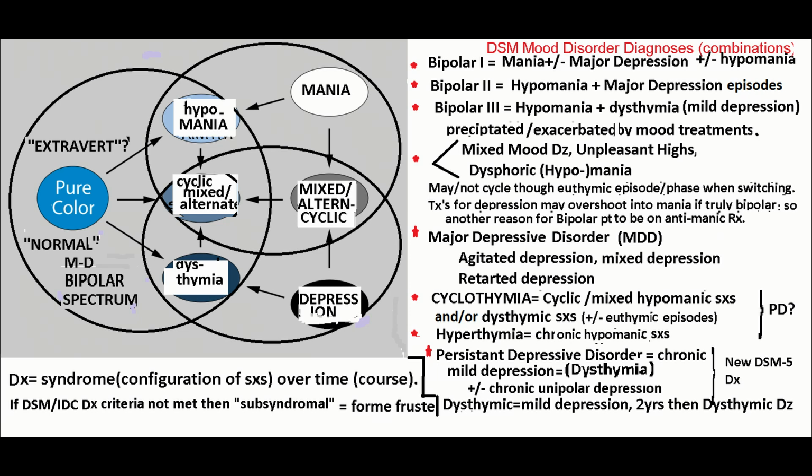So they may not cycle through normal when they're switching phases between mania and depression. They don't always go back to being normal when they're cycling. Now, usually they do at some point, especially with treatment.